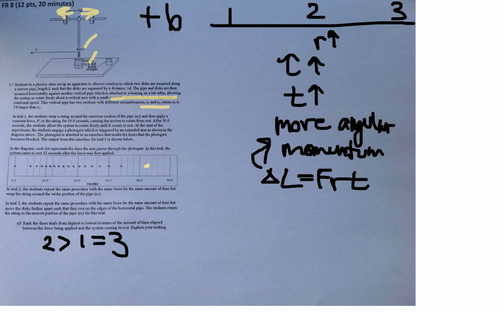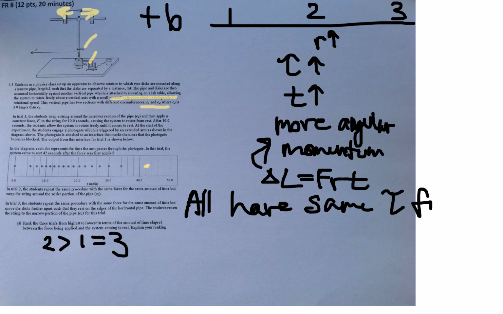Then you have to show that across the board, these all have the same friction. So they all have the same, essentially, negative torque from friction. So they all have the same opposing force.